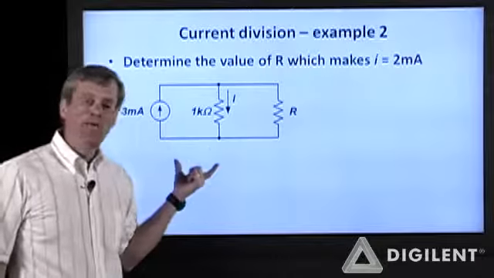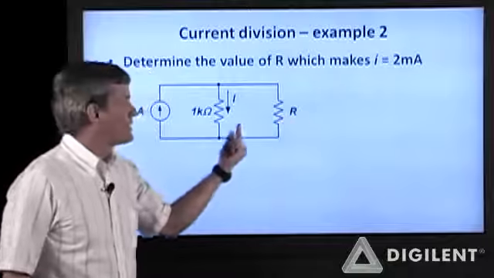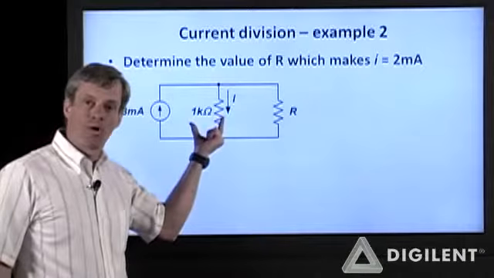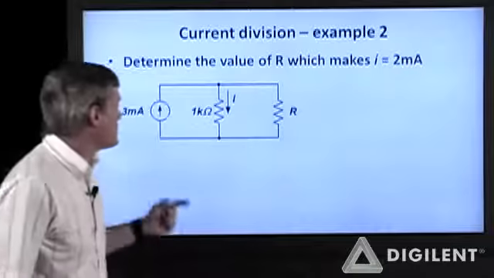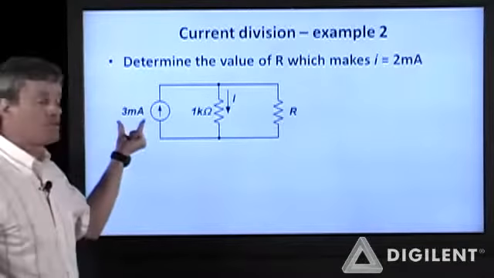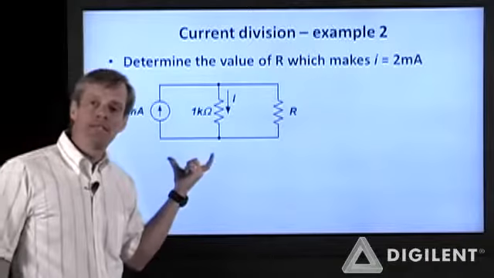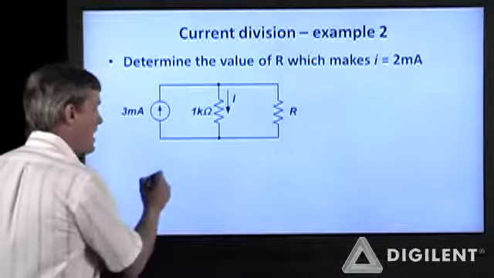Let's do another example. We want to determine a value for this resistance that causes the current through this 1 kilo ohm resistor to be 2 milliamps. The total current going into this current divider is 3 milliamps. This is an extremely good application for a current divider formula.